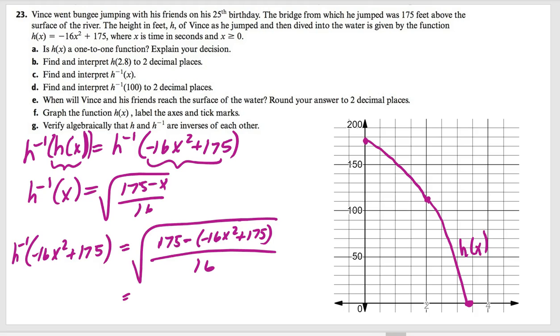So this will become 175 minus 175, that will become 0. And I'll end up with 16x squared over 16, all beneath the radical, which we know will become the square root of x squared, which is x. So this will also check out. And so they are inverses.